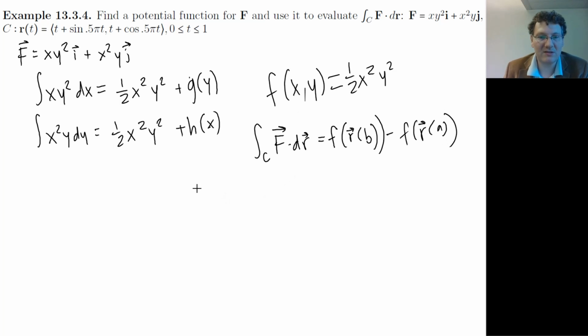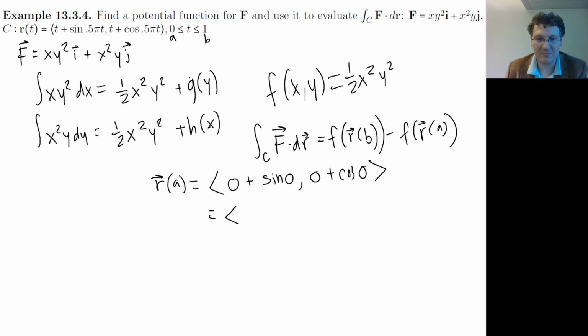Okay, so what is r of a? When a is 0, right? This is our starting value, and our ending value is 1. So r of a is 0 plus the sine of 0, and then 0 plus the cosine of 0, which actually is simply going to be 0, 1.